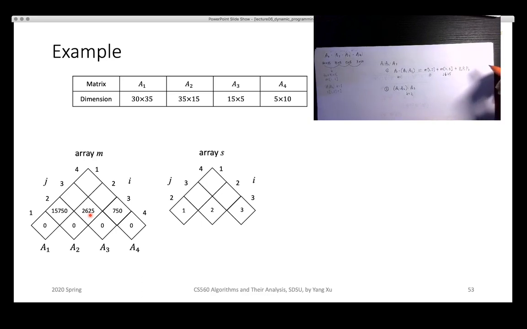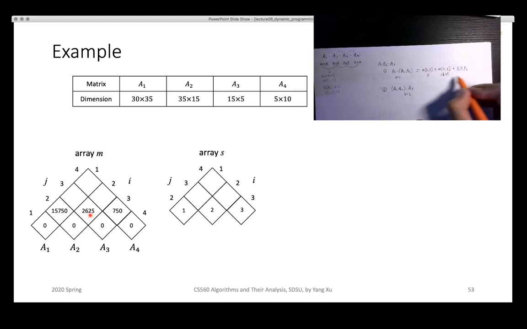Okay. So these pieces of information are available from the input parameter P. So we can have the solution like this. And for K equals 2, we need to first know what M12 is.